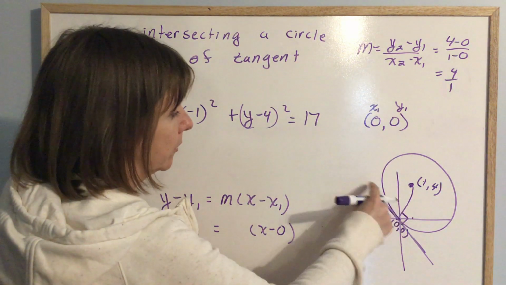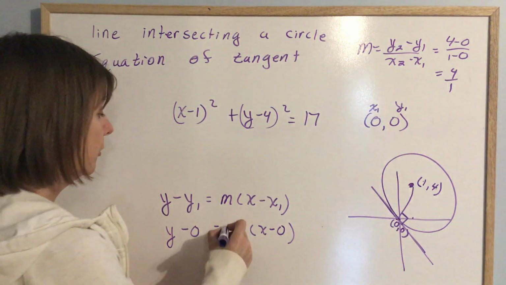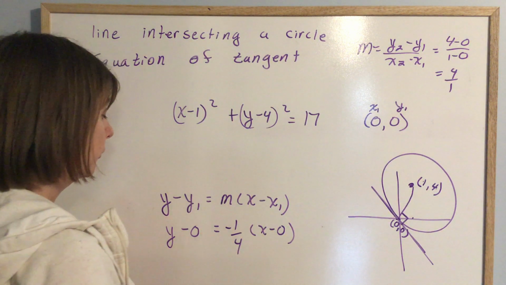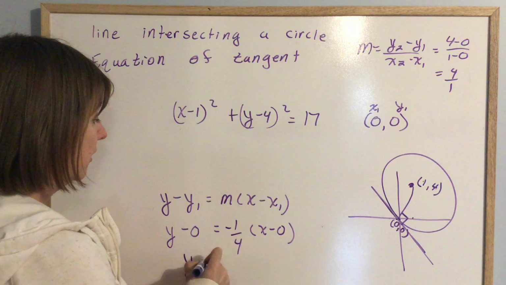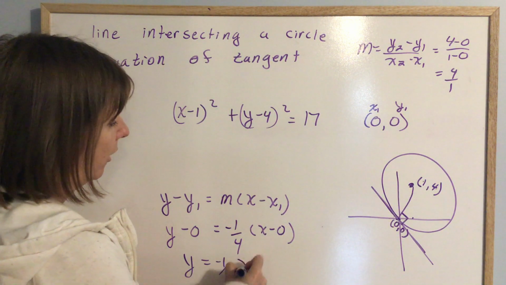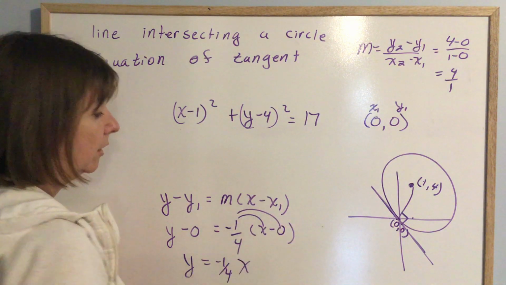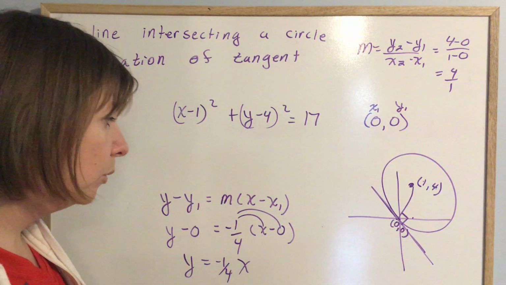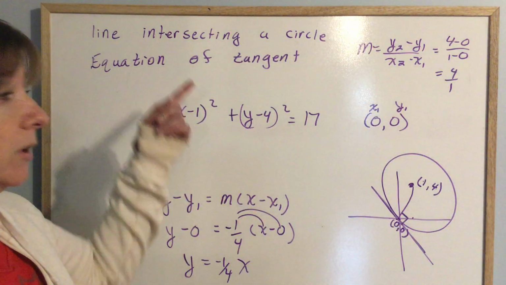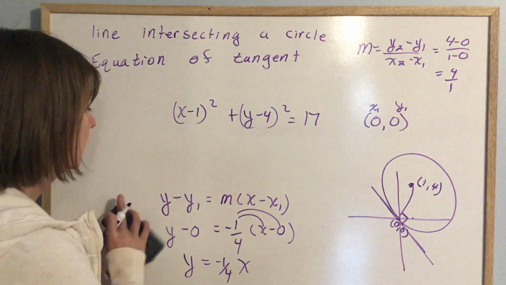So the reciprocal, because the tangent would be the negative reciprocal, would be negative 1 over 4. So I would end up with y is equal to negative 1 over 4x. So equation of a tangent.